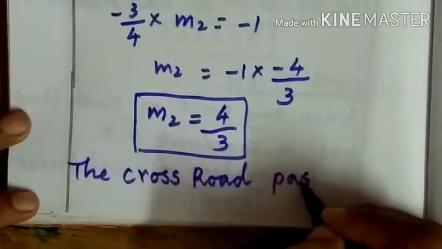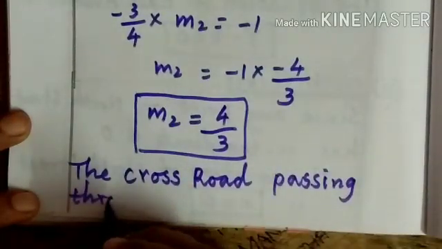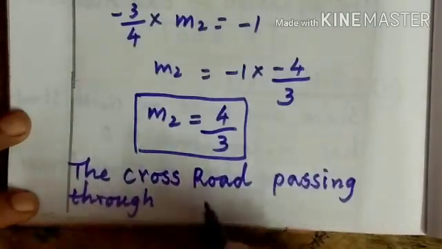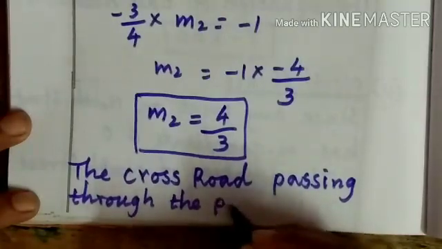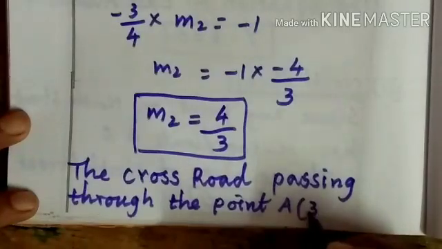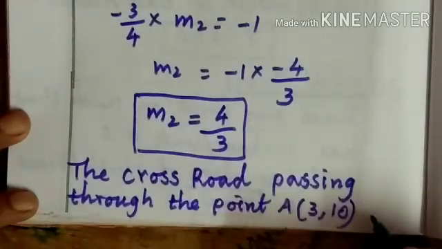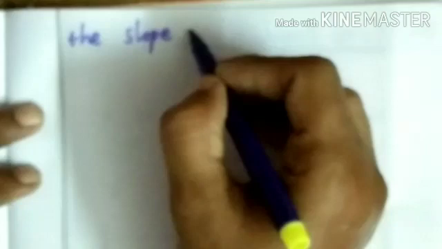Now, the crossroad passing through the point A (3, 10) with the slope m2 is equal to 4 by 3.